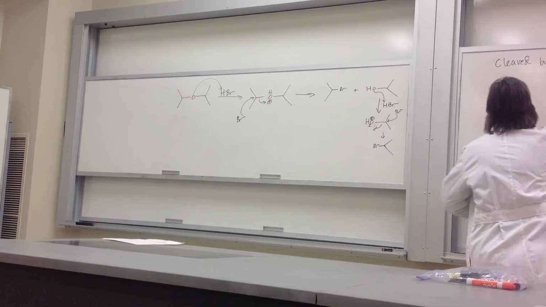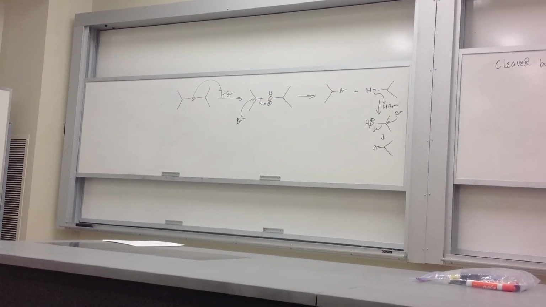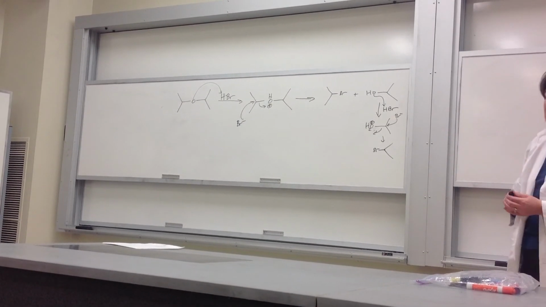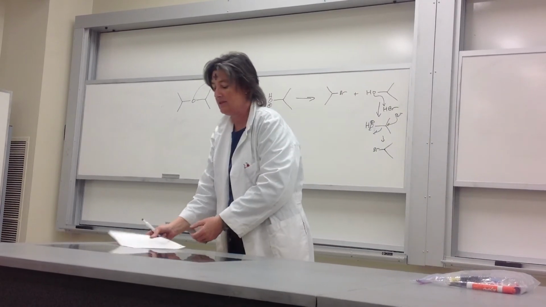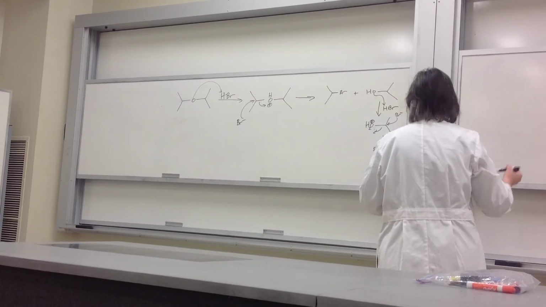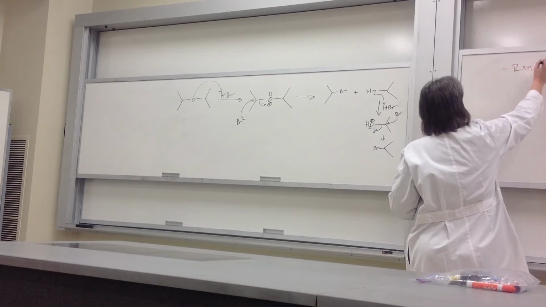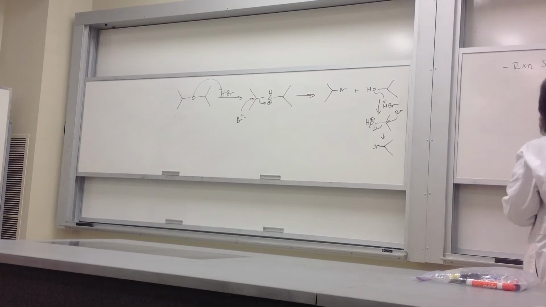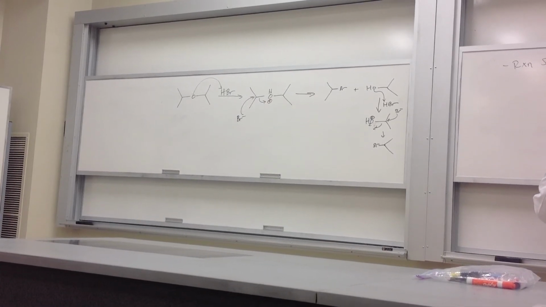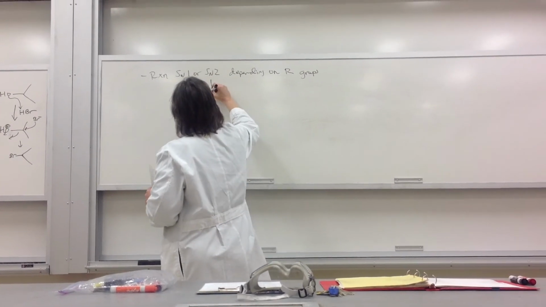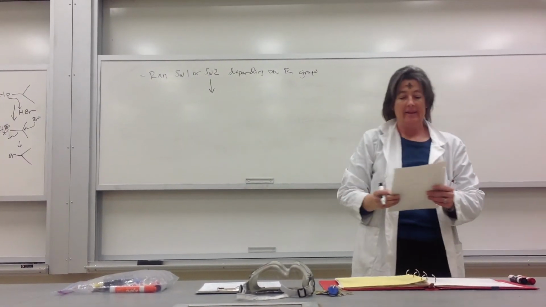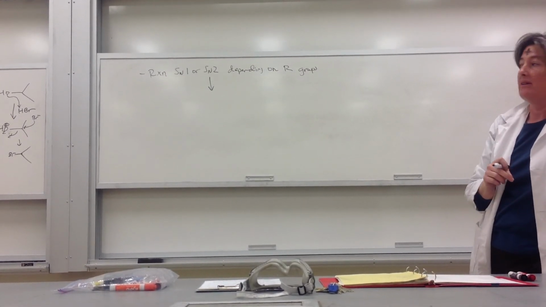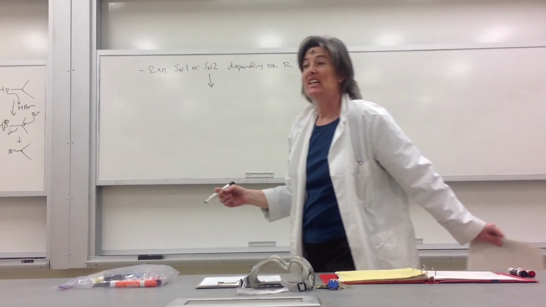All right, let's talk about the particulars of the reaction. The mechanism can differ somewhat depending on the nature of your alkyl groups. So the reaction is SN1 or SN2, depending on the R groups. When it's SN2, that is where the iodide or bromide ion that's attacking can actually get in and attack.